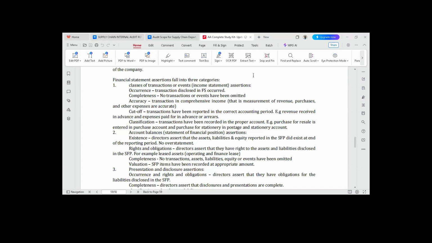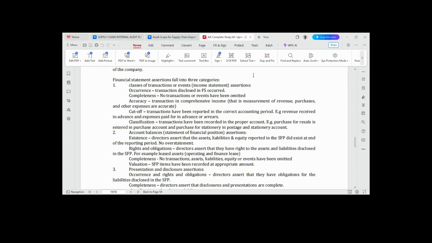Another thing the auditor will be checking again under this assertion is the classification. Did you post into the right account code? For instance, if you work in a manufacturing organization, you have two types of wages.